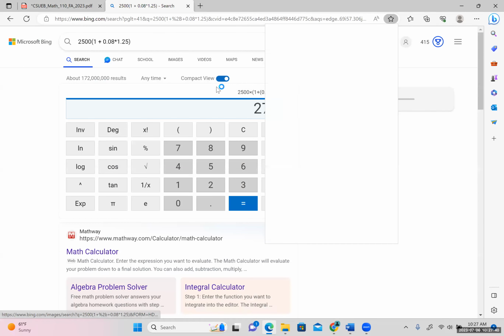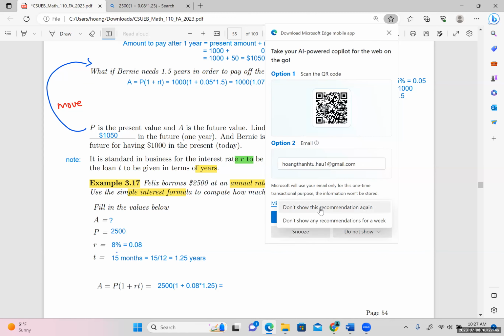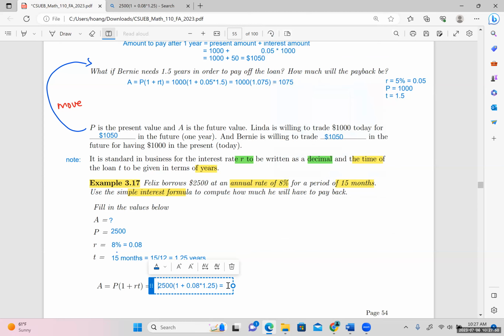I got 2,750. So this is the amount that he has to pay back.